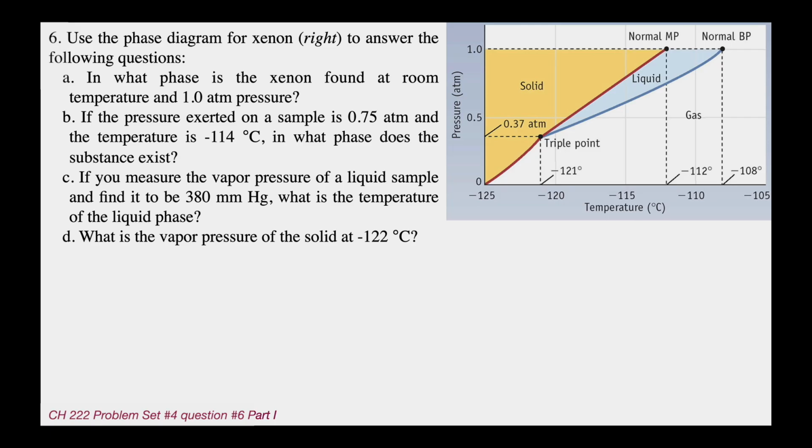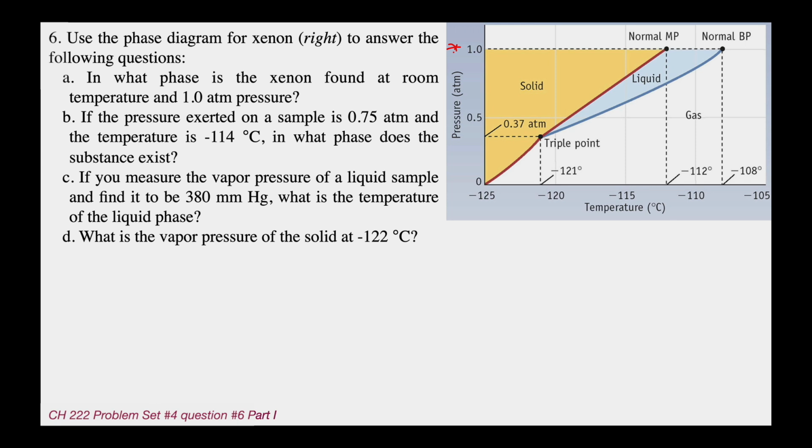In what phase is the xenon found at room temperature and 1 atmosphere of pressure? Well, 1 atmosphere of pressure is definitely on this graph. It's right there. But if you look at those temperatures, the hottest temperature is minus 105. Whoa, that's pretty cold.